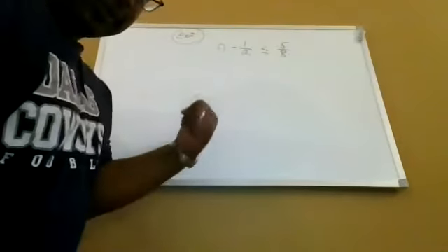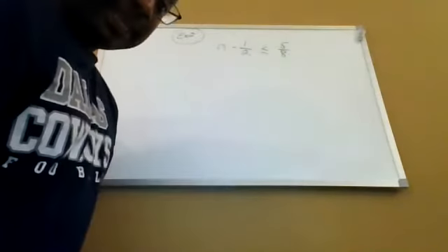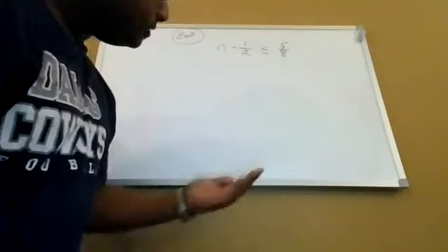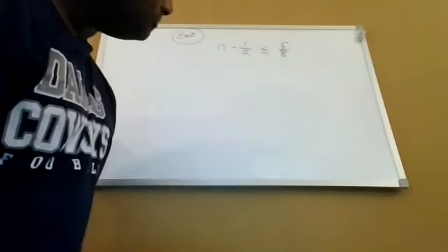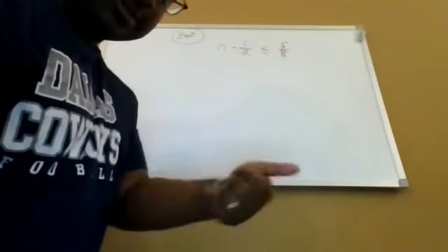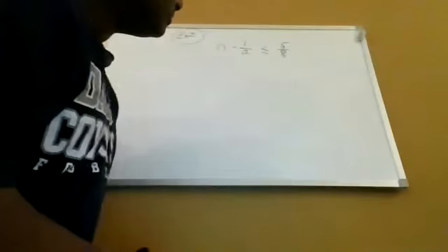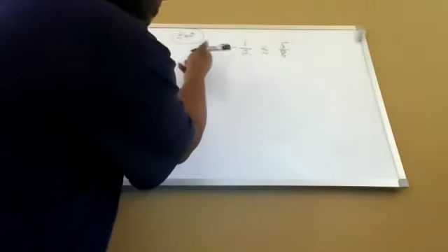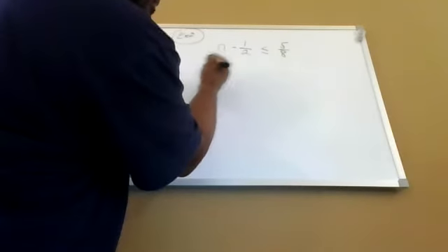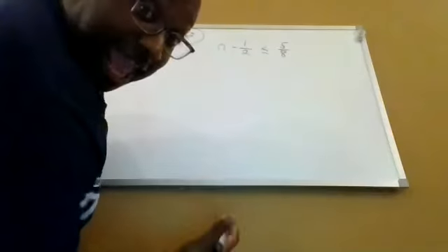And we're going to solve this for n, meaning I need to have n by itself on the left-hand side and all the other numbers on the right-hand side. Since this is minus 1/2, to get n by itself, I want to add 1/2.